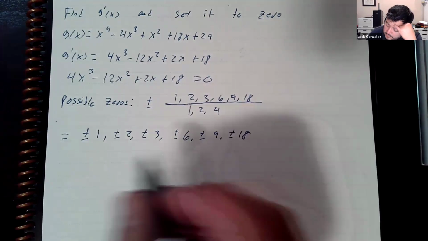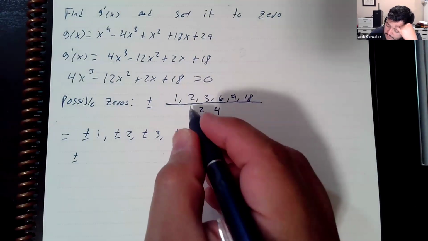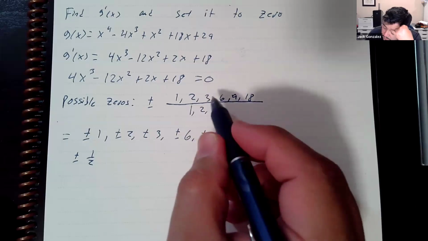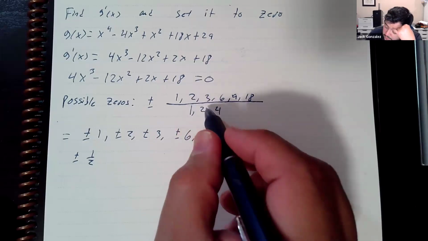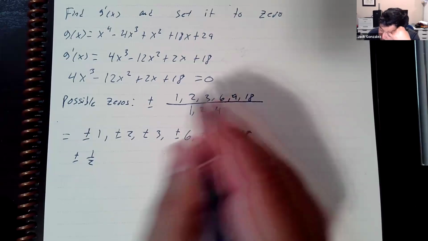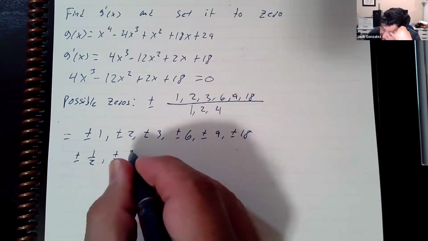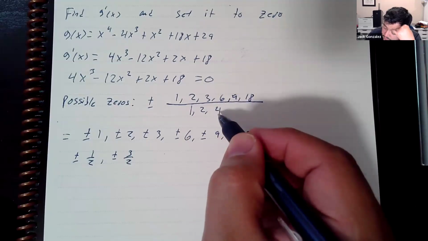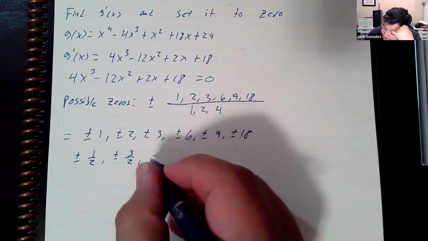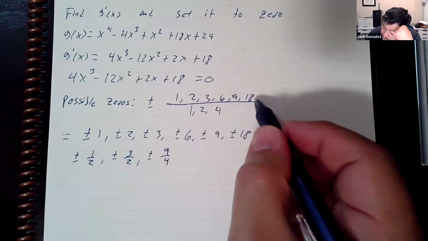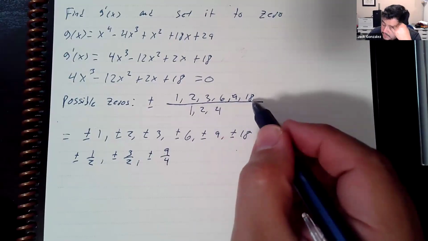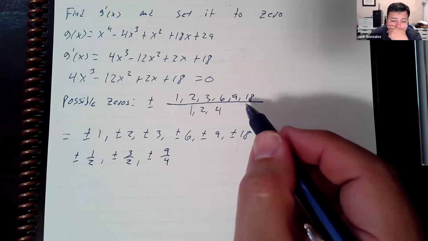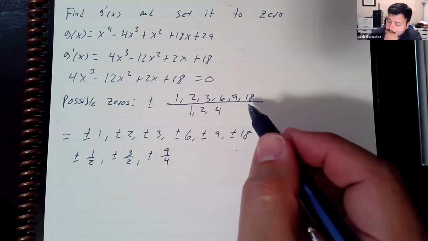Then do the fractions. 1 over 2 is the next one. 2 over 2, which is 1, so I already have that. 3 over 2, I don't have that. 6 over 2 is 3, so I already have it. 6 over 4 is 3/2, so we're good with that. 9 over 4, don't have that. 18 over 1, already have it. 18 over 2 is 9. 18 over 4 is 9/2, right?